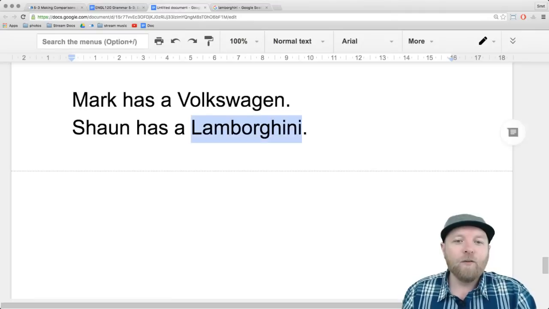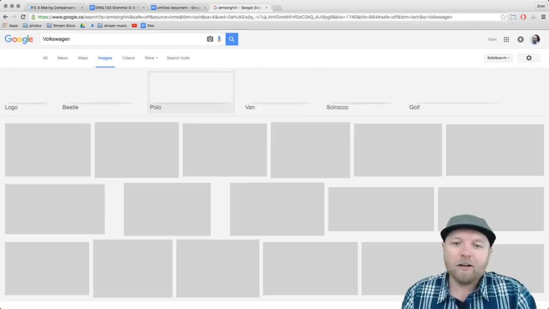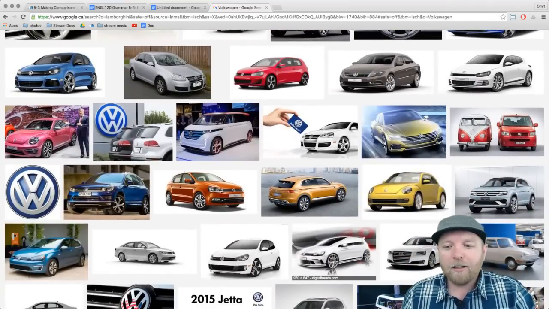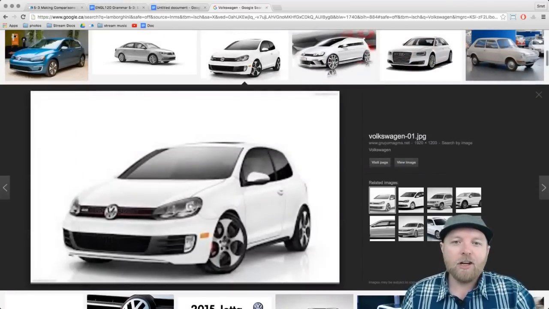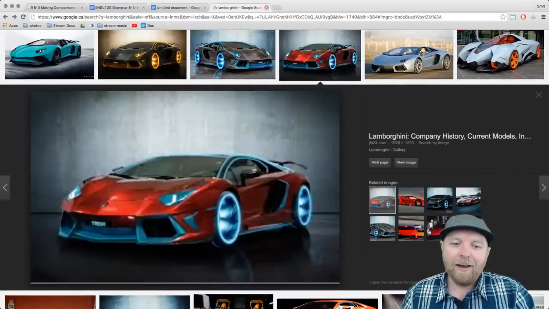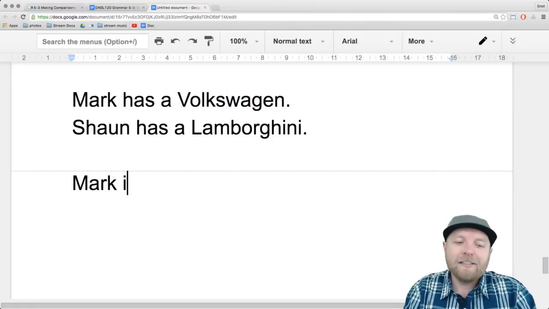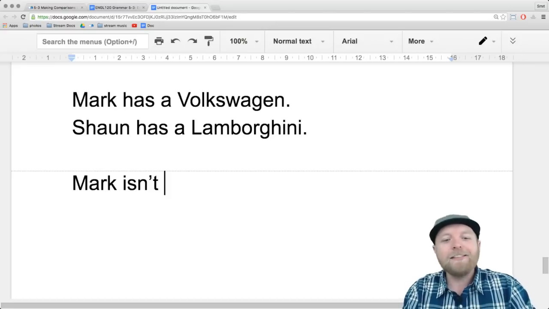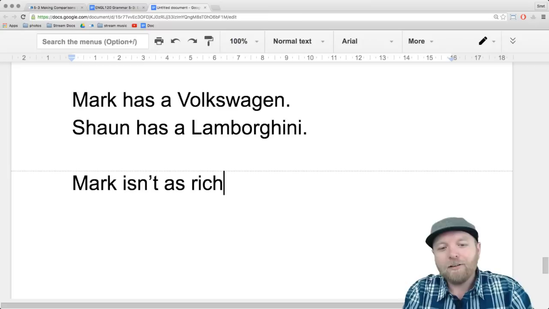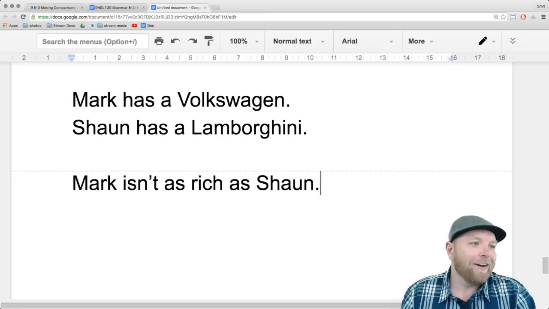And a Volkswagen, let's check Volkswagen, just so if you don't know cars. Here is a Volkswagen. So I have a car like this, and Sean has a car like this. Okay, so Mark isn't the same. Mark isn't the same for what? Well, we'll say rich. Mark isn't as rich as Sean. Okay.